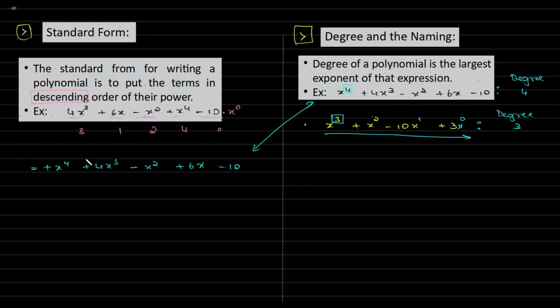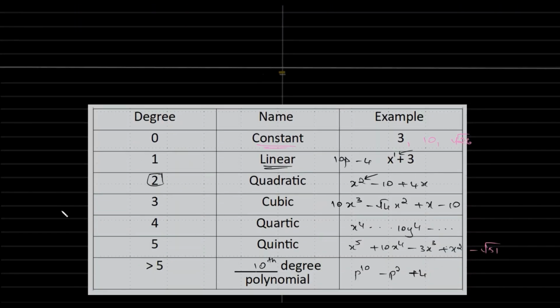But representing something in standard form is very important. It is useful in division of polynomials. It is useful in finding the degree also. It's useful in adding and subtracting and stuff like that. So representing something in standard form is by default very important. And the naming conventions, you have to get familiar with.